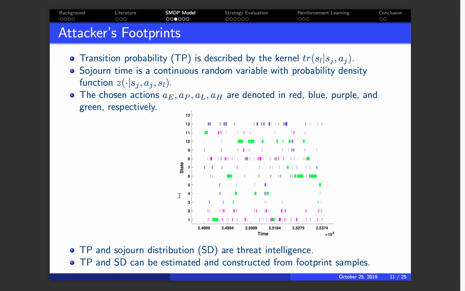At each state, the chosen action is taken, and then the attacker stays for a random time and transits to another state. The transition probability and the sojourn distribution are themselves threat intelligence and can be estimated and constructed from the footprint samples.